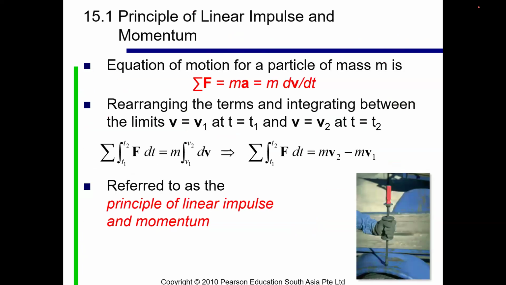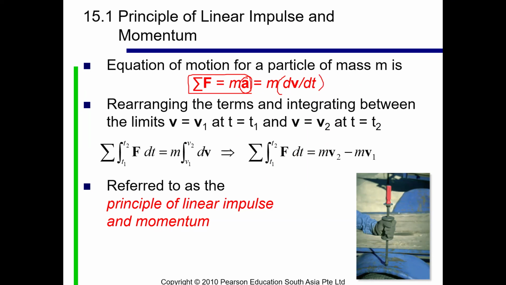Next concept, students, is the concept of the principle of impulse and momentum, linear impulse and momentum. Again, we'll start from the F equals ma equation, the basic equation. You know that acceleration can be rewritten as the derivative of velocity.